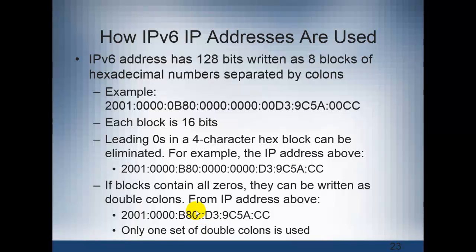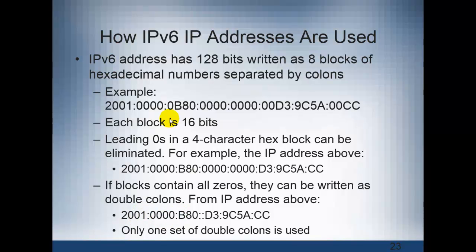If you see a double colon, that says there was a set, and only one set, of zero blocks. We can also remove any leading zeros in a block, as here, where we just remove the 0. Because there's not a repeated block of zeros here, we have to include those in our rewritten address.